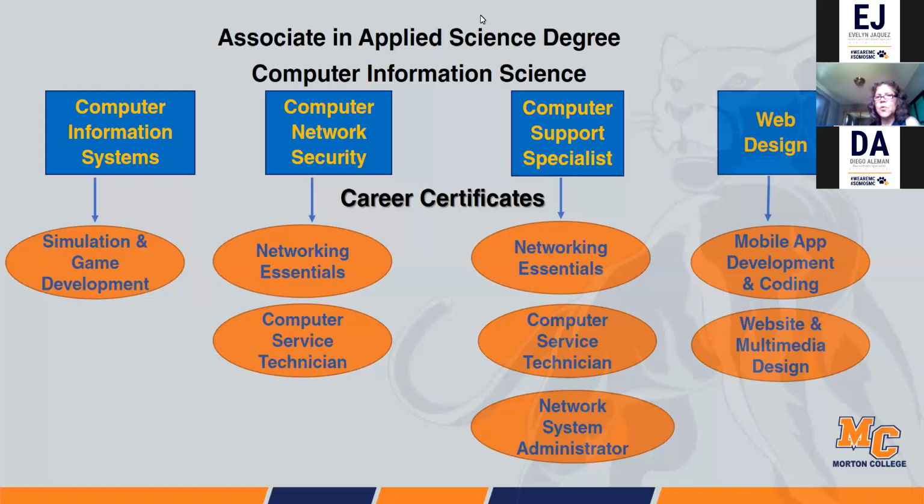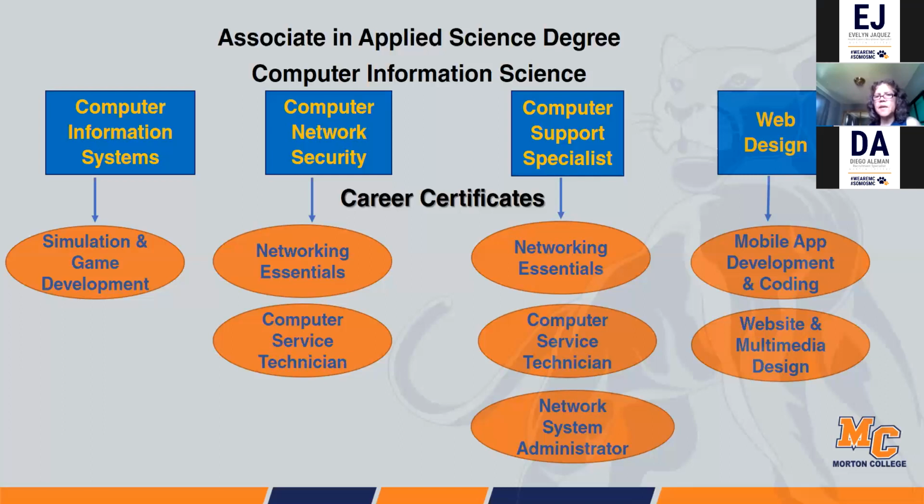The next degree is the Computer Support Specialist. A lot of the classes are similar to the computer network security. The computer support specialist has one less math class and another class for programming and Visual Basic.